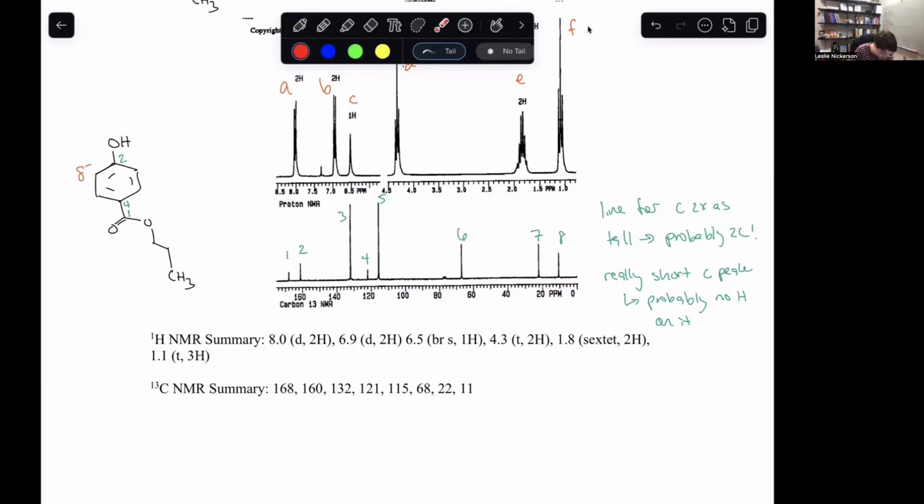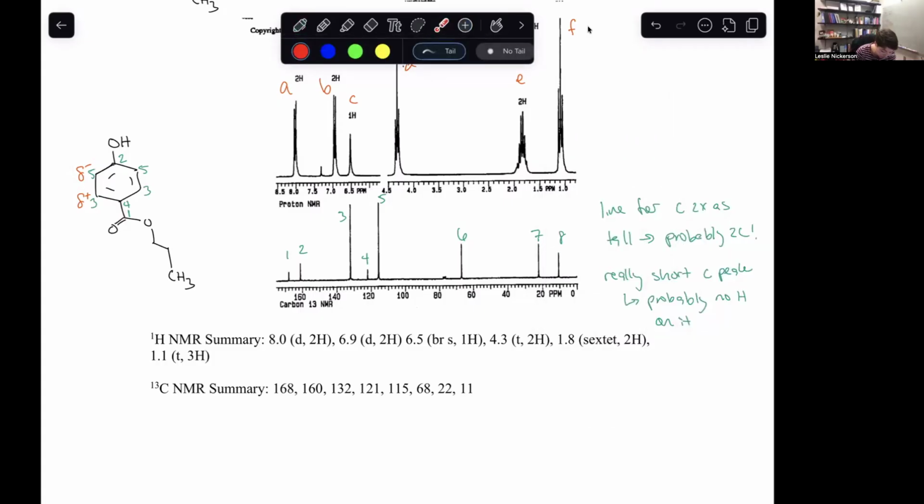And then same thing over here, if I'm thinking about withdrawing electron density, I'm going to be putting delta pluses on those. And that can kind of help show you your shielding and your deshielding, where this carbon is getting a little bit more shielded. So that's probably going to be my 5s. And my delta plus is getting more deshielded, so it's probably going to be my 3s. Okay, so a nice little way to use resonance there.